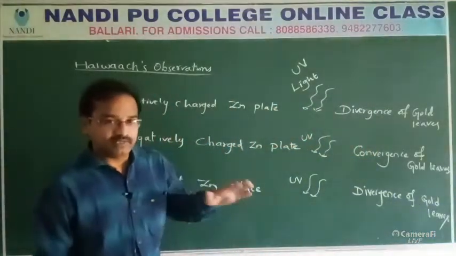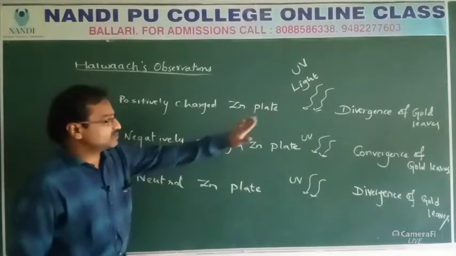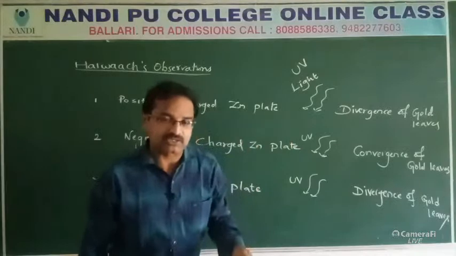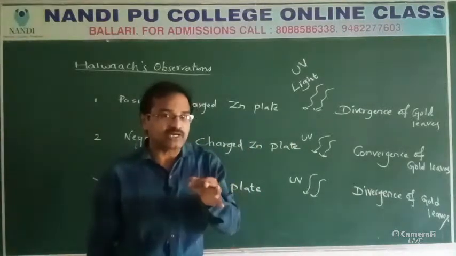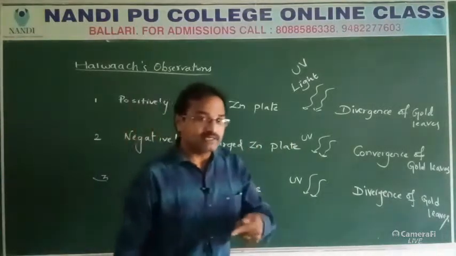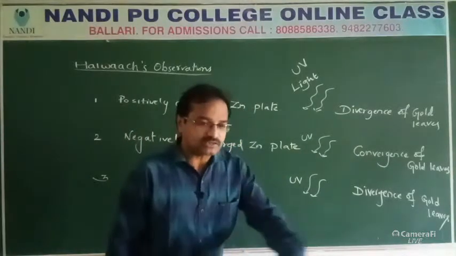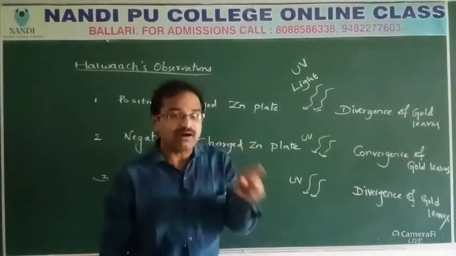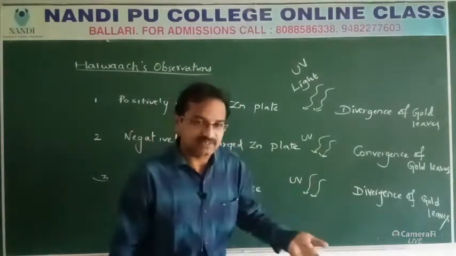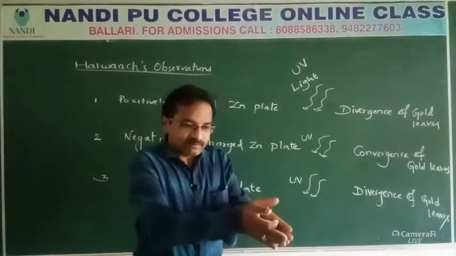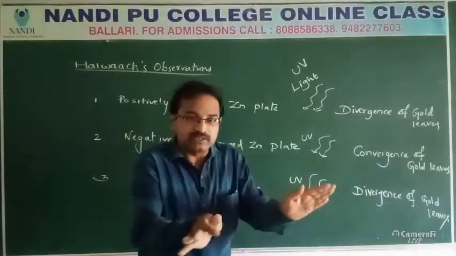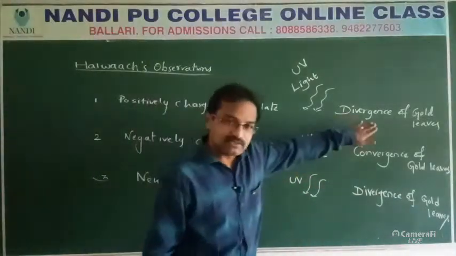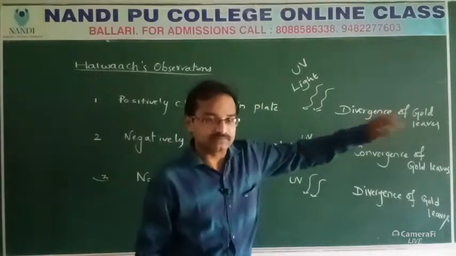Why? See here, it is a positively charged zinc plate. When UV light is incident on the zinc plate, it emits negatively charged particles. As it loses negative charge, it gains positive charge. So the positive charge on the zinc plate increases. Because of repulsion, the two gold leaves diverge more. Already divergence is there, and more divergence is observed.